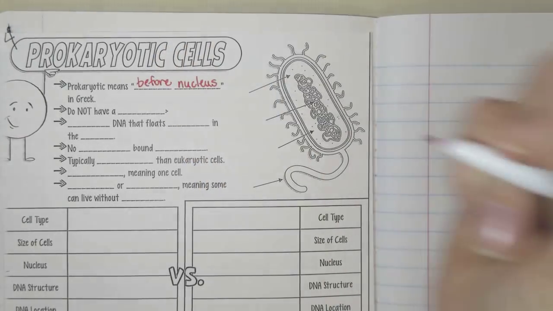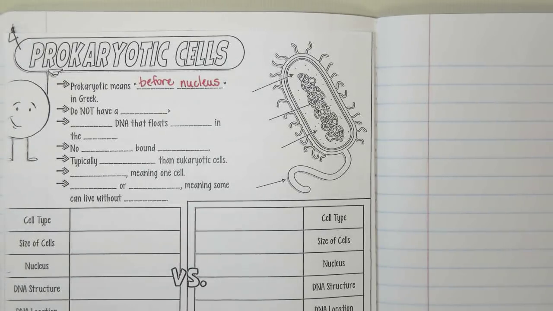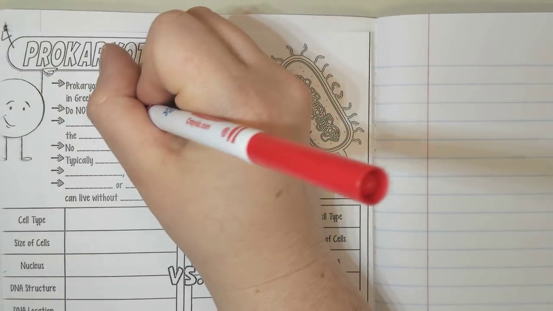Now we'll talk more about a nucleus over the next few weeks, but a nucleus is just a part of a cell. It's kind of the central part, almost like the brain of the cell. It does a lot of the controlling. So prokaryotic, if that means before a nucleus, these cells do not have a nucleus.